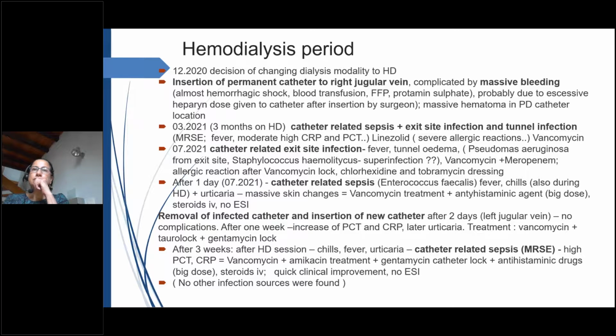Unfortunately, 3 months later, he came back with catheter-related sepsis and exit site infection. So we treated this, and there appeared another problem, which I didn't mention before, that his reaction to many antibiotics, which I gather in the next slide, was really severe.